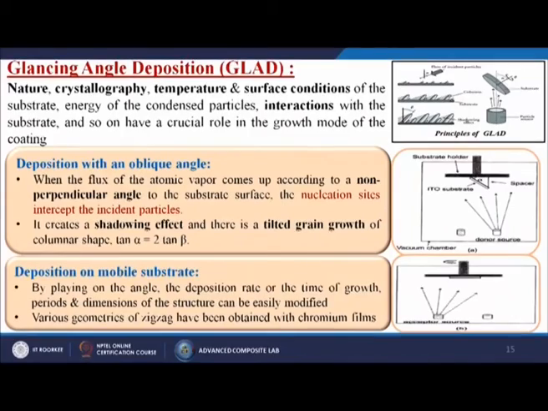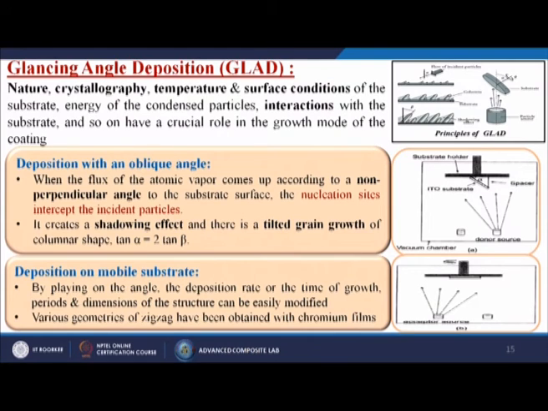From this figure you can understand that we have the substrate, we throw the incident particles at some angle, and the column of the coating also makes an angle. So it is not directly perpendicular to the substrate. So, what are the reasons?